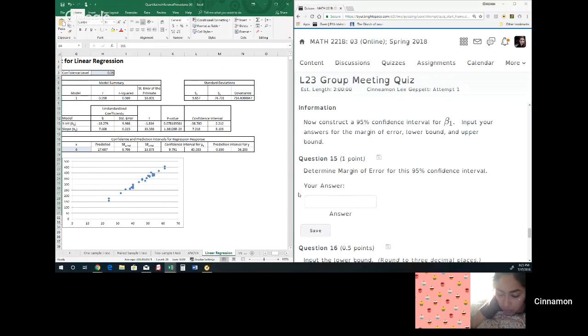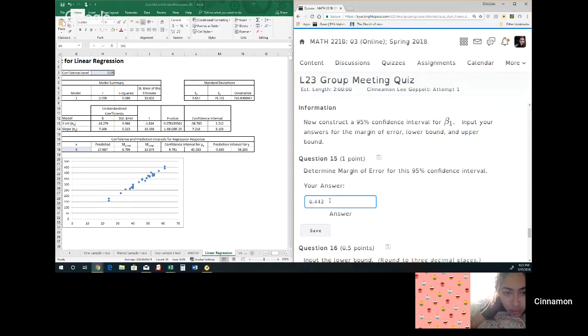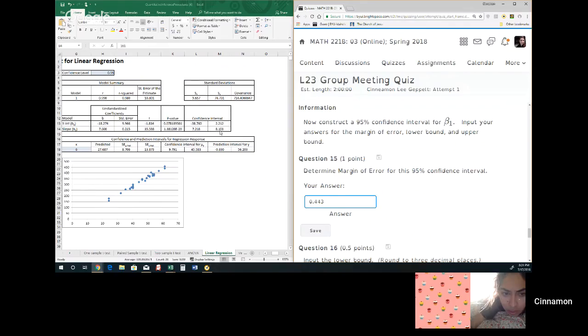This is what I came up with, and I don't know if it's right. I came up with 0.443. I subtracted this 8.1 minus this, and then took that difference and divided it by 2.